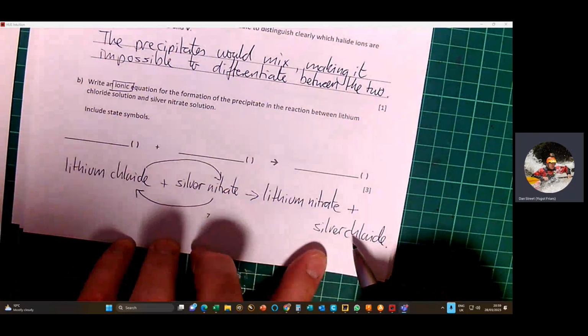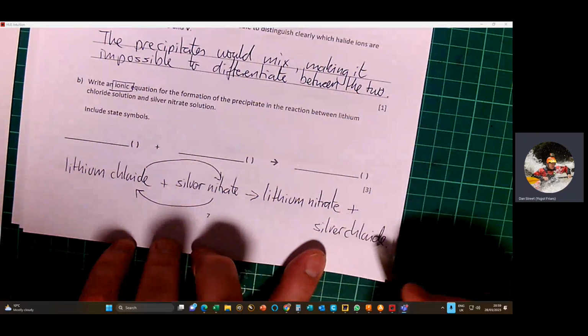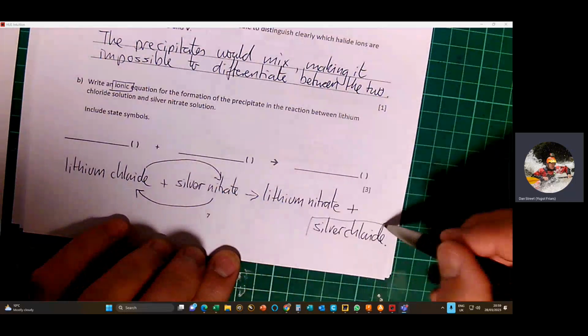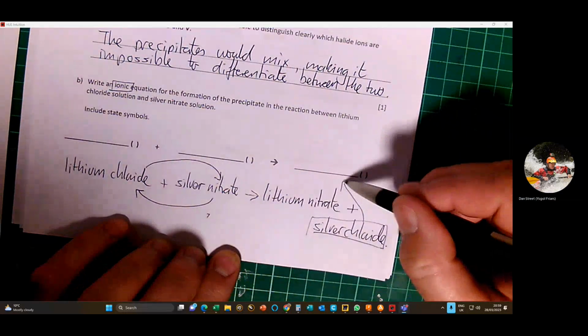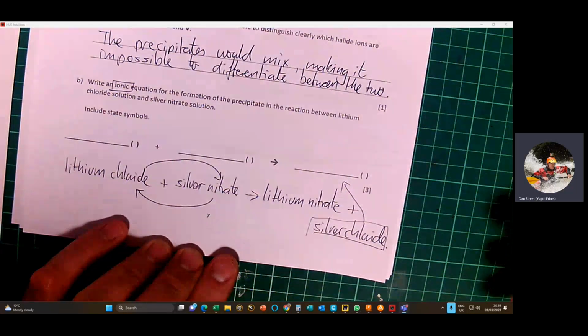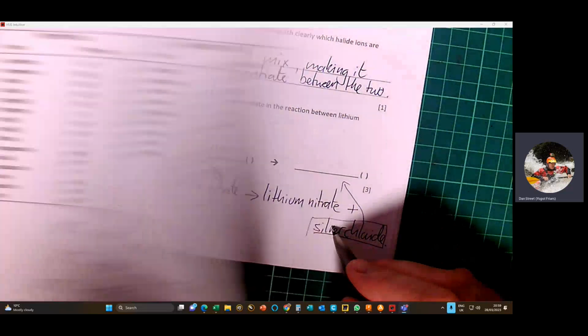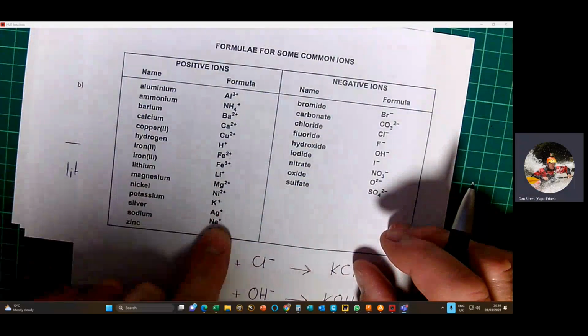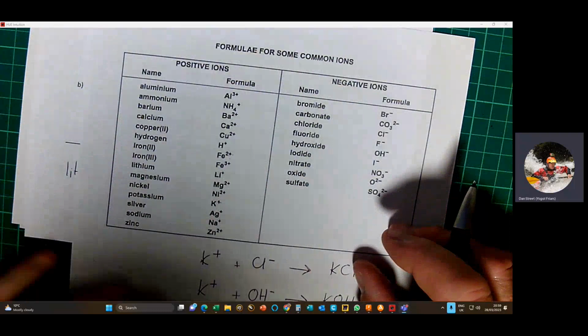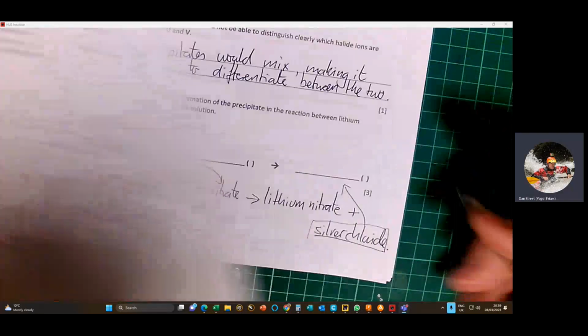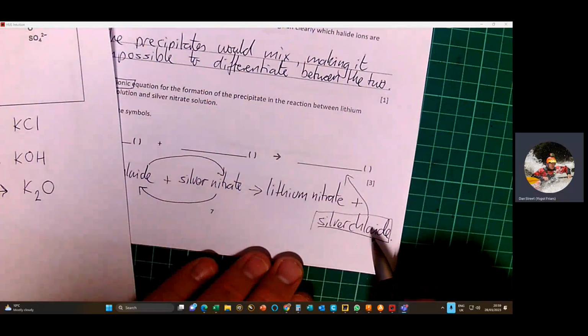Now, the question wants us to write an ionic equation for the production of this stuff here. Okay, so this is going to be in there, but this is an ionic equation, so we need to have a chemical formula. So if we look up the silver ion, we'll find that it's Ag plus. Okay, so we've got Ag plus, and that's going to react with the chloride ion.